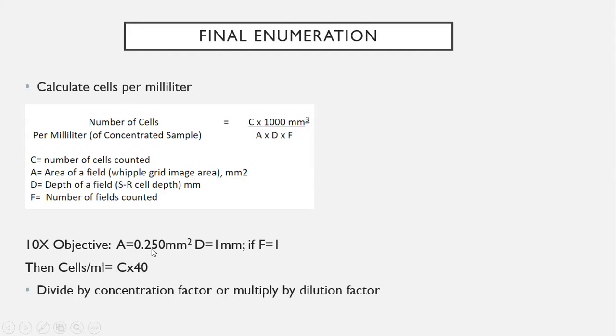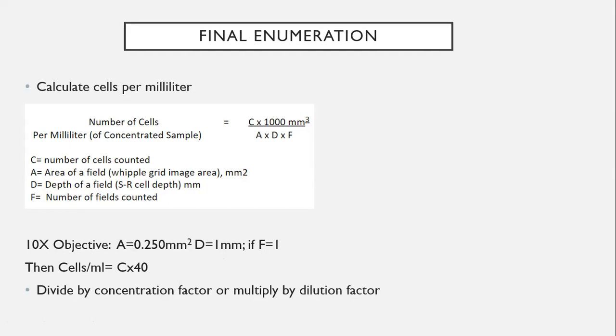The area is 0.25 millimeters squared, the depth is 1 millimeter, and if you count just one strip across, you slide the Sedgwick Rafter cell all the way across, counting as you go, then that would just be one field.